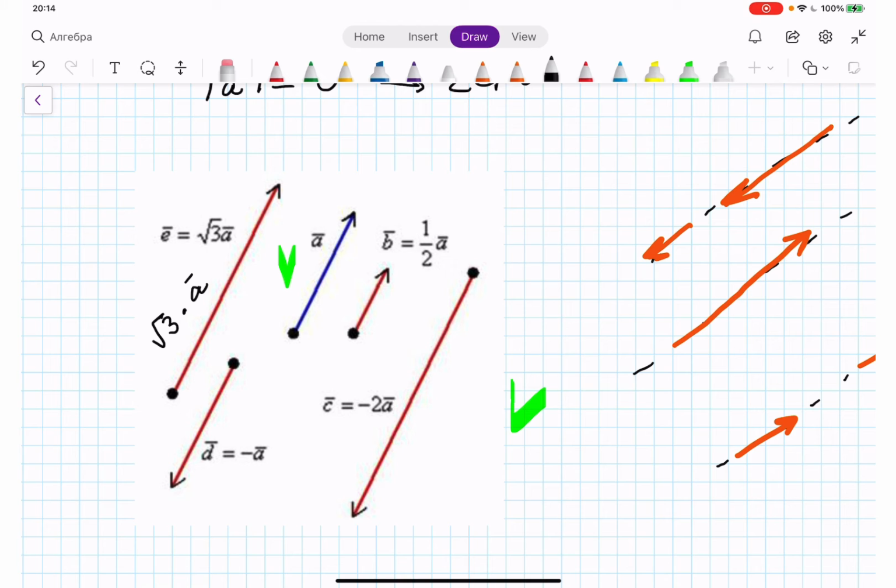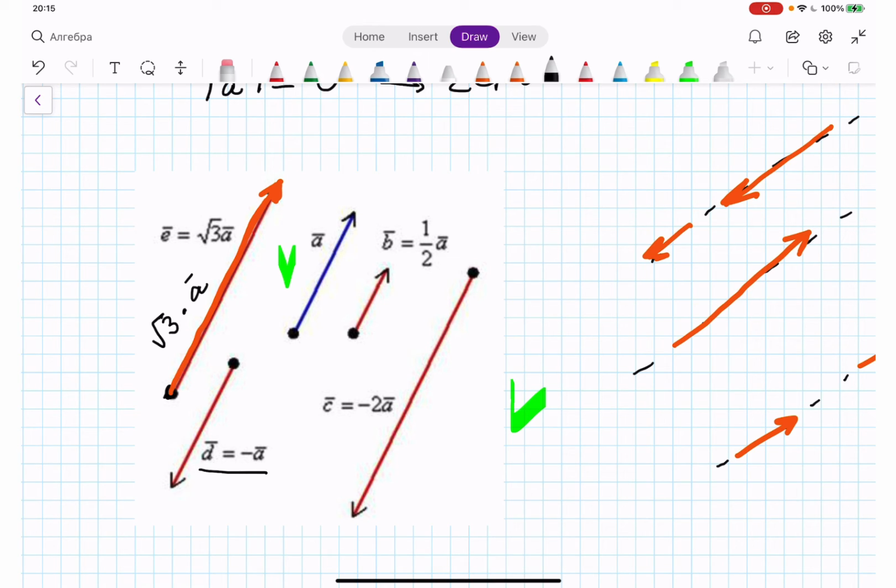So practically the length of this vector is greater, it's multiplied by more than square root 3 times. Now in this case, you will see it's the same length as vector A, but goes in the opposite direction. Therefore, we have a negative sign, because it's a vector, so direction can be different.